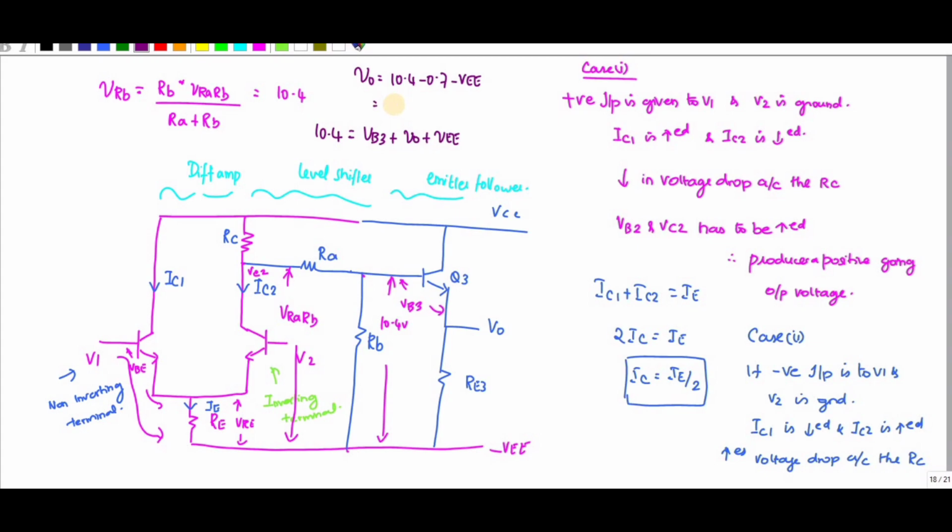So this is nothing but 10.4 minus 0.7 minus of minus 10 volt. You get this value as V0 is equal to minus 0.3 volt.